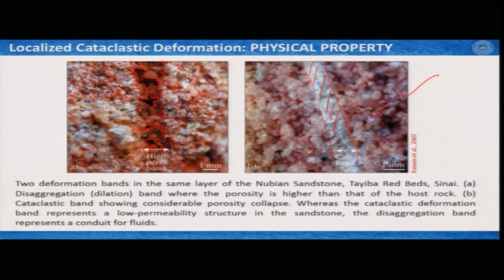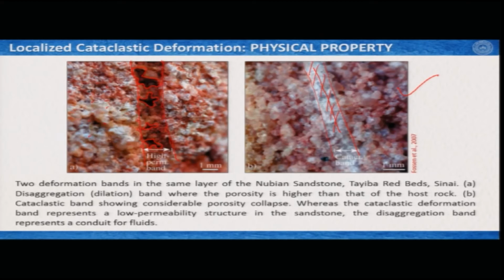Therefore, we can conclude that in this image we got porosity reduced, and in this image along this localized cataclastic band we have porosity increased. Now, if porosity increases, the permeability also increases.